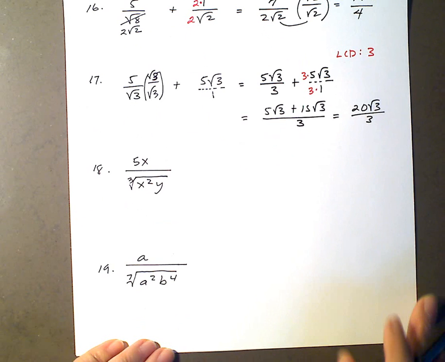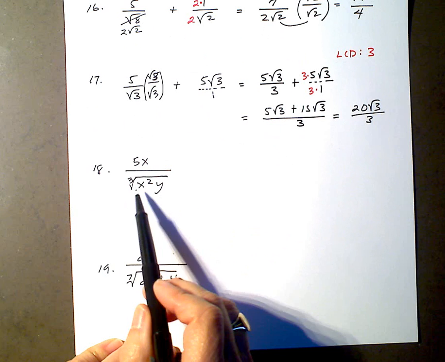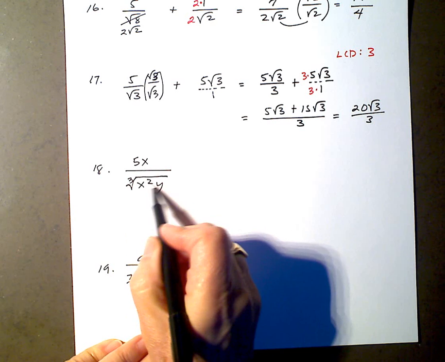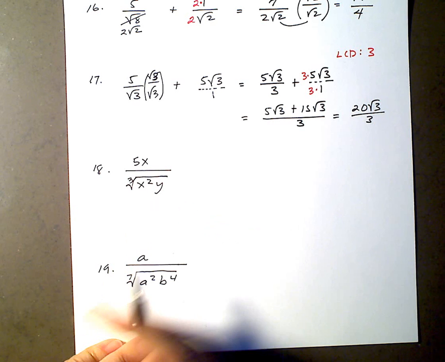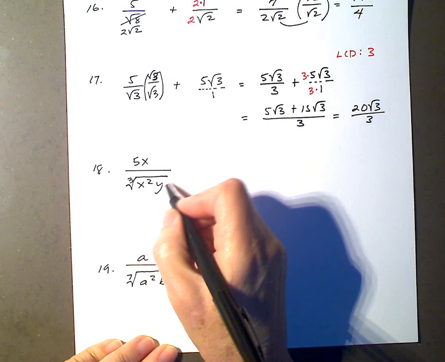Okay, 18 and 19 are both good because we've got other than square roots in the denominator. And so in this one I need to get exponents down here in the denominator that are multiples of 3 in order to rationalize this denominator. So I have an x squared and a y to the first.